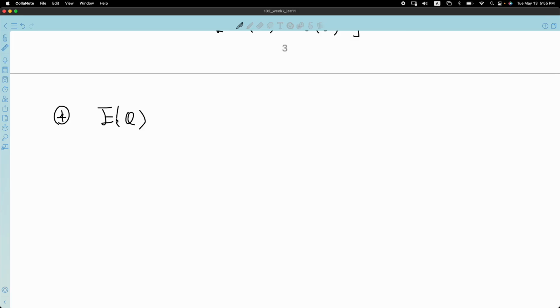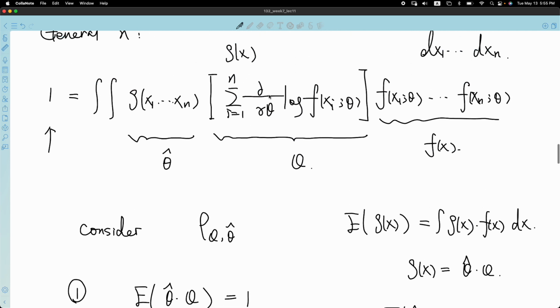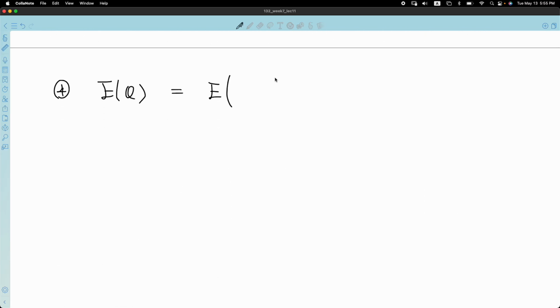The expected Q is equal to the expectation of the square bracket. What we define as Q is the thing that we constructed in the square bracket. Let me copy paste it: the sum from 1 to n of the derivative of the log likelihood, at xi and theta. This is the Q that we constructed on the top, and we are interested in its expectation.